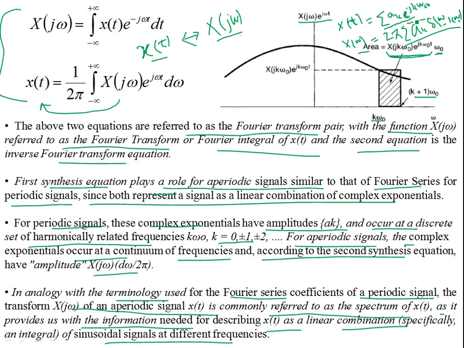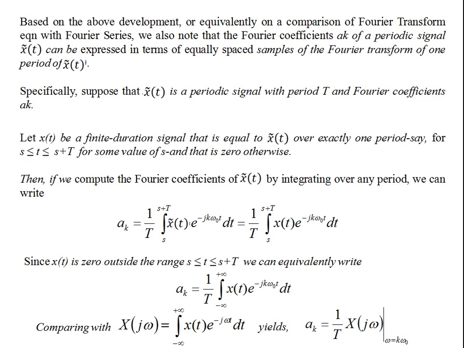So this framework is quite connected, but Fourier transforms represent a broader class of signals in terms of complex exponentials. Based on the above development, or equivalently on the comparison of Fourier transform with Fourier series, we also note that the Fourier coefficients a_k of periodic signals can be expressed in terms of equally spaced samples of the Fourier transform of one period of x tilde(t).